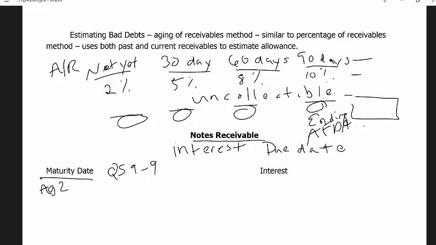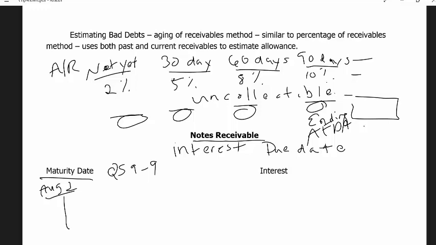On August the 2nd, we sign a note. June receives a $6,000, 90-day, 12% note from customer Ryan Albany as payment of his $6,000 account. Okay, so we signed this on August the 2nd.